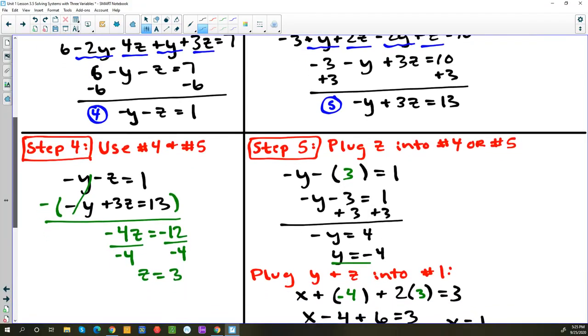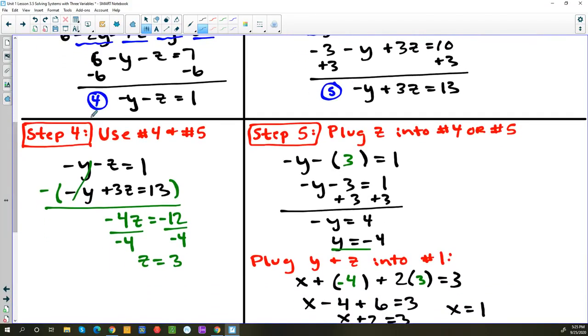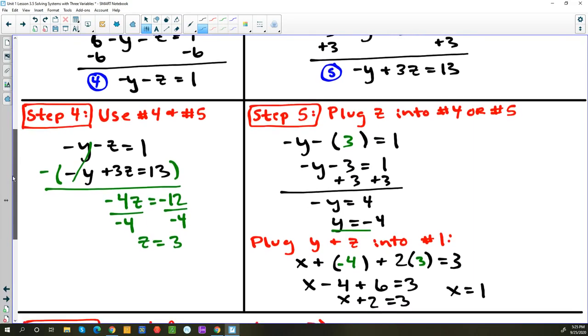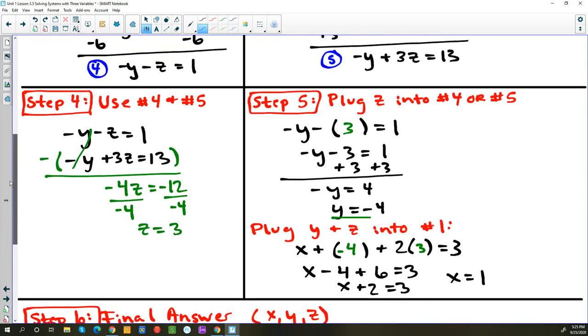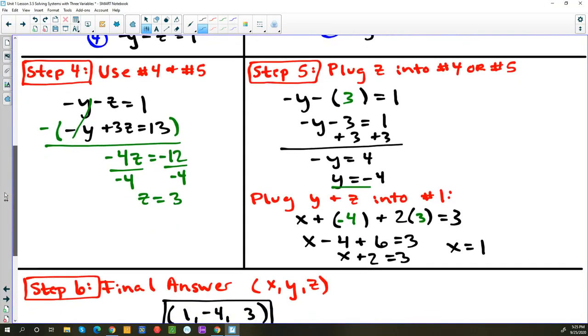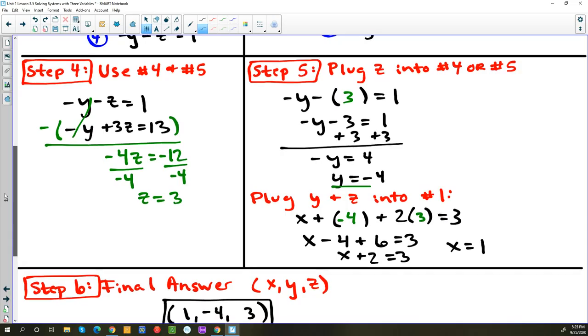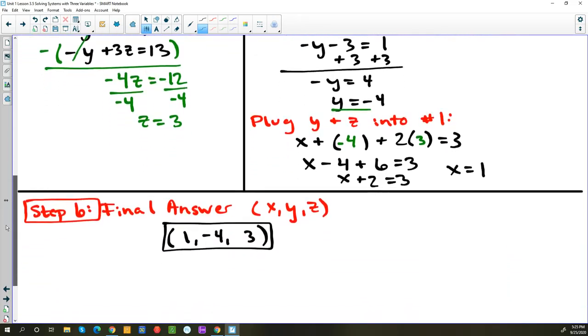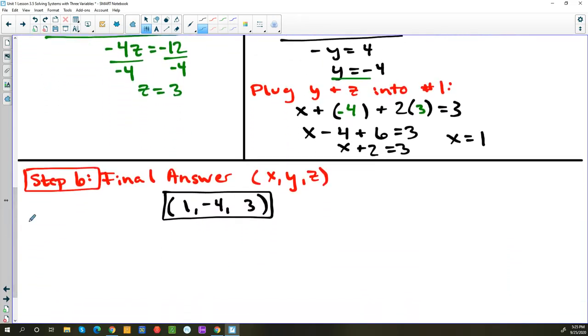From those 2 steps, we got 2 new equations, number 4 and number 5, where we used our knowledge of systems with 2 variables to solve for z, which then allowed us to find y, which then allowed us to find x. And then we stated our final answer as an ordered triple.